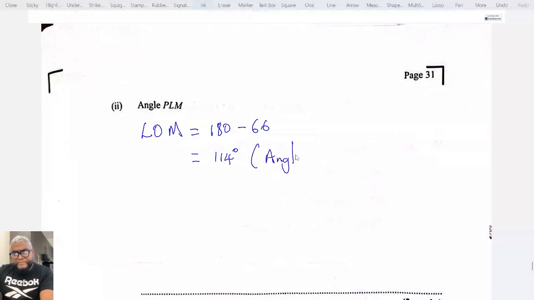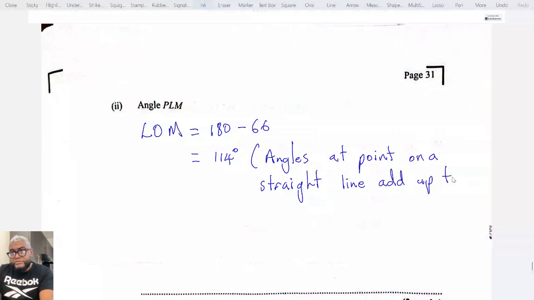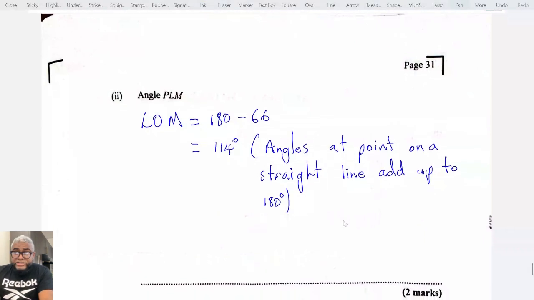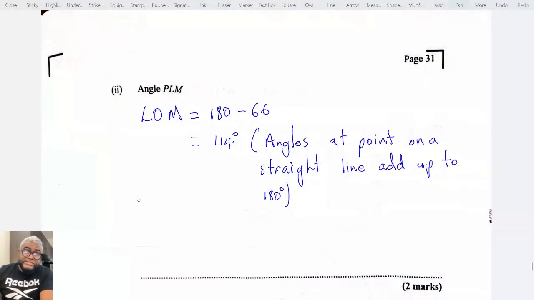Reason: angles at a point on a straight line add up to 180 degrees. Everybody good there?